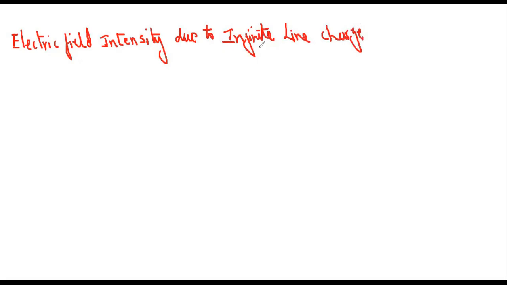Okay, normal line charge we saw. Electric field intensity due to the infinite line charge, the E bar is equal to, I will write here, because you have to write down electric flux density also, E bar is equal to, because it is a line, rho L by 2 pi epsilon naught R into AR.